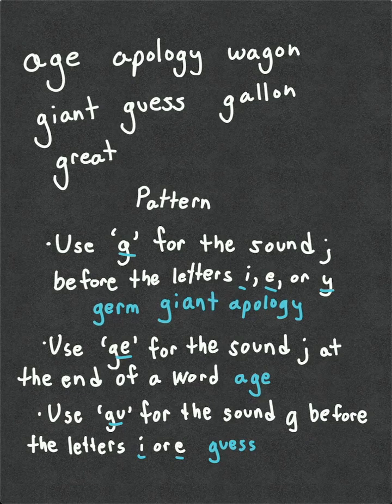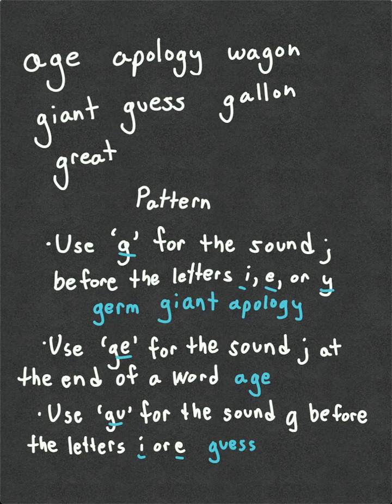Age, apology, wagon, giant, guess, gallon, great. When we look over these words, we see a pattern, or rather we can hear a pattern. Use G for the sound J before the letters I, E, or Y, as in germ, giant, apology. Use GE for the sound J at the end of a word, such as age.